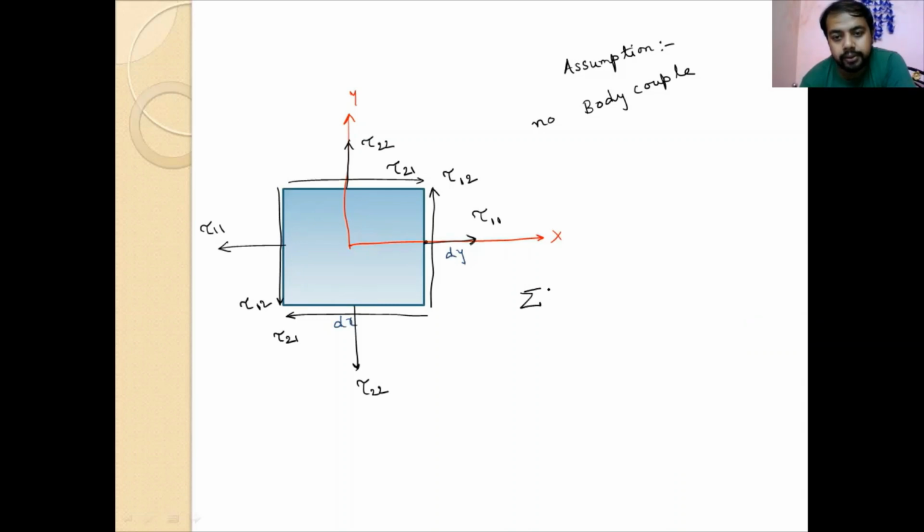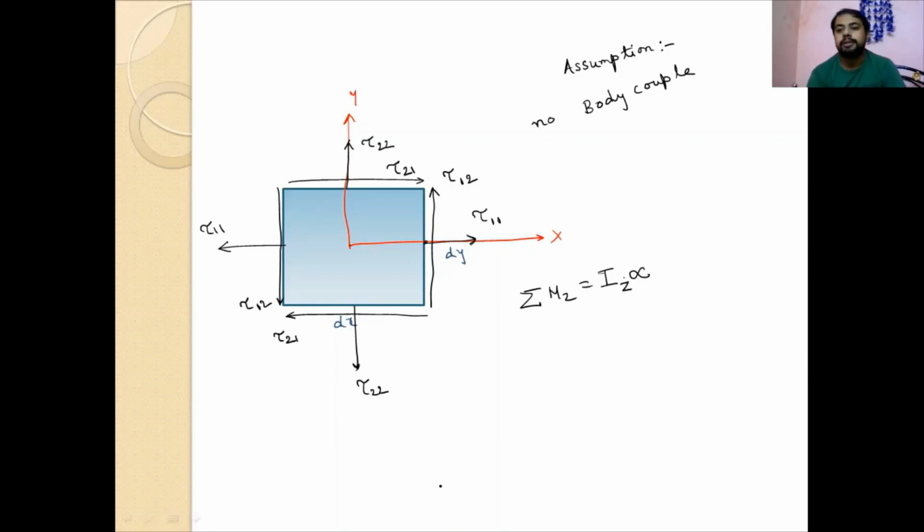The total moment about the z-axis will be I alpha, where I is the moment of inertia and alpha is the angular acceleration. The moment of inertia is about the z-axis also.